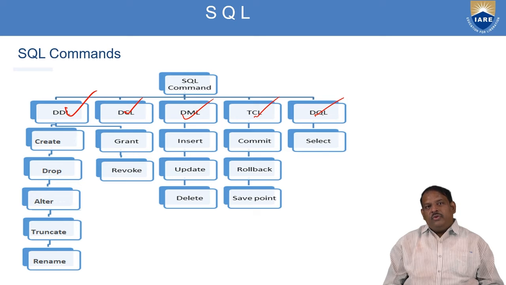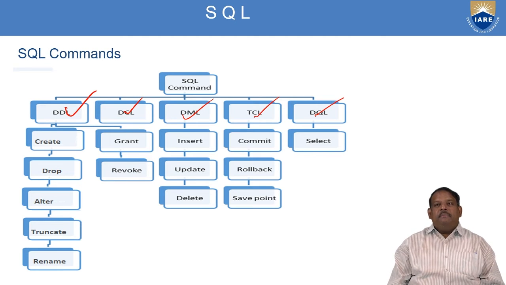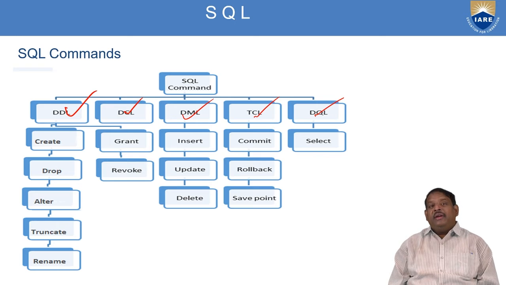Suppose after a few days, I got admission of a student whose name is more than 20 characters, say 25. Initially I made it 20, but you should be able to insert a 25 character name. You cannot truncate, you cannot cut off 5 characters, because his name will be incomplete.